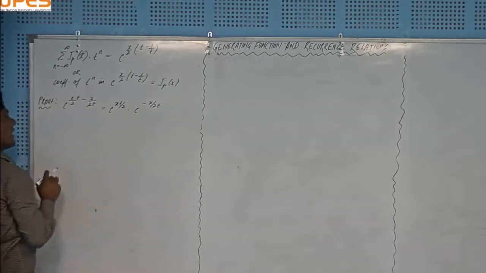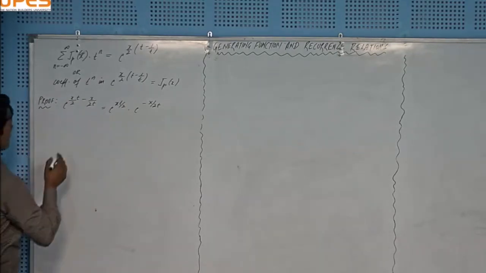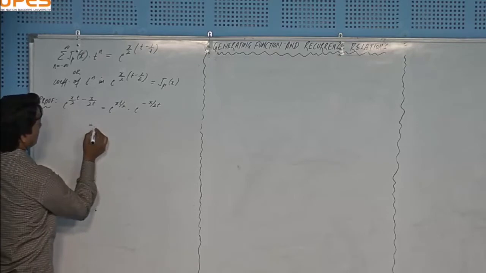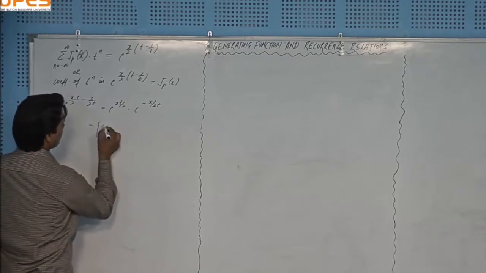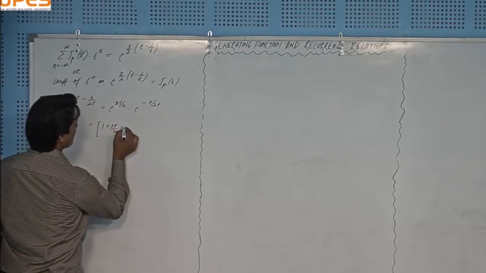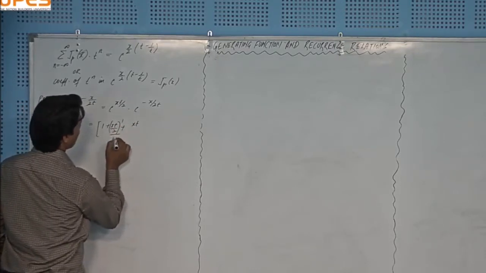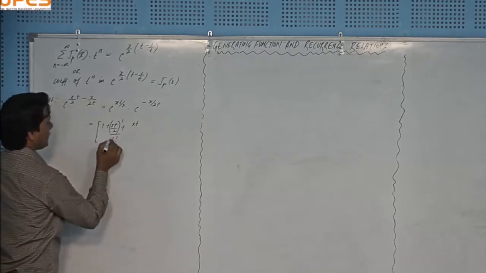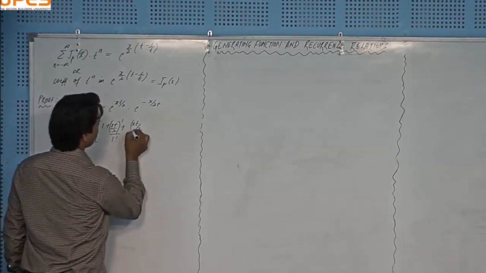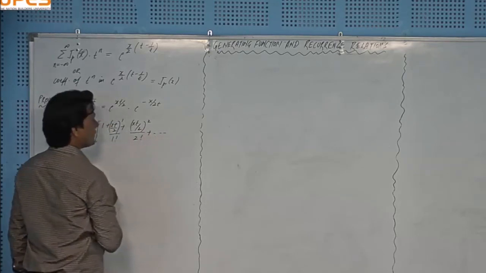So you have exponential functions, and expanding them, you will get, first for it, 1 plus (xt/2)/1 factorial, and second term will be (xt/2) whole square by 2 factorial, and so on.